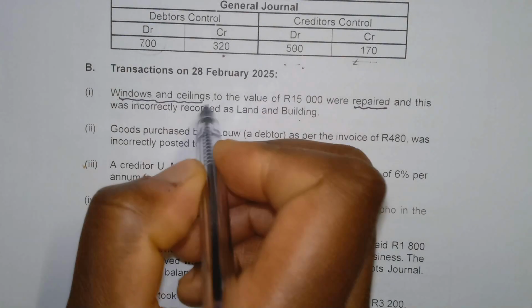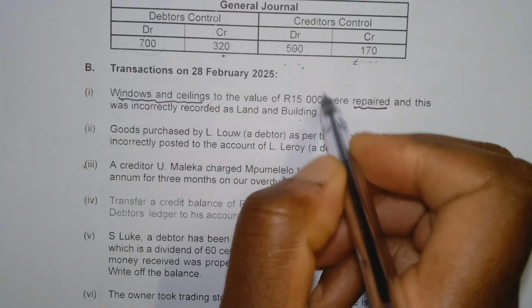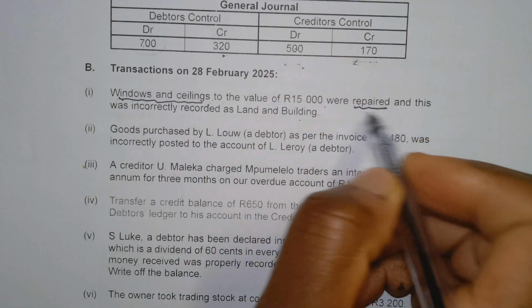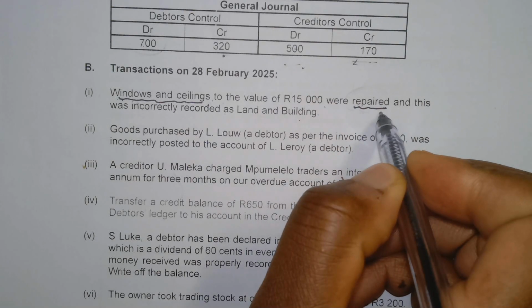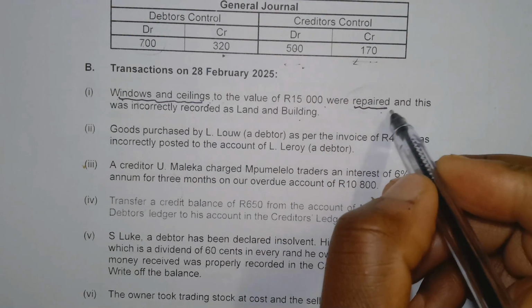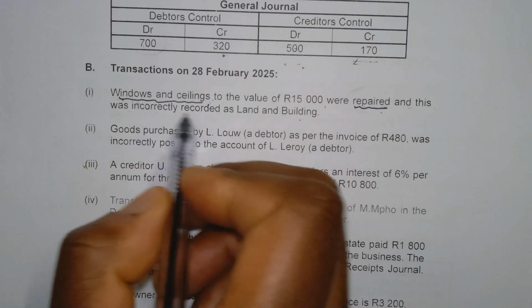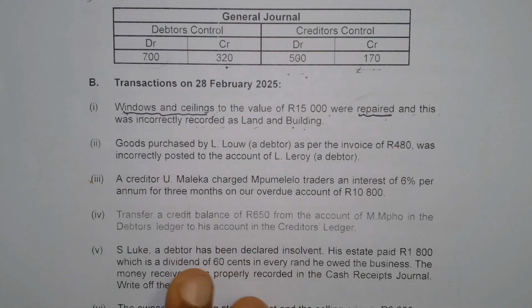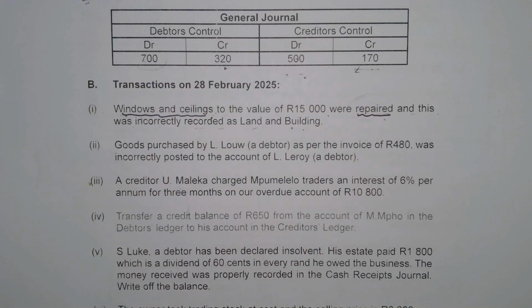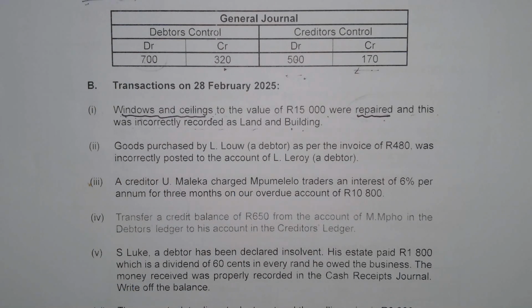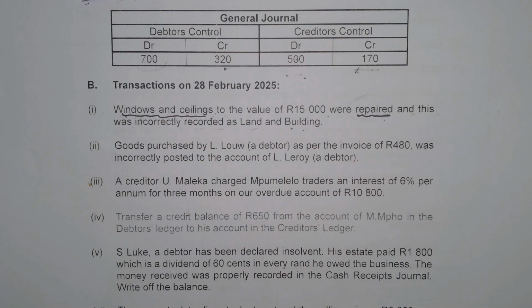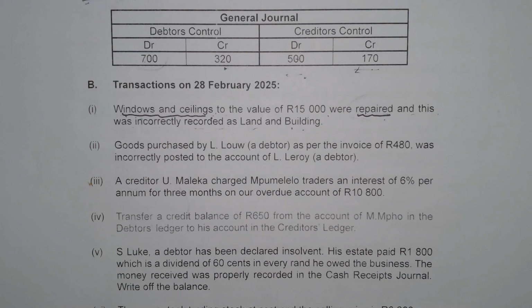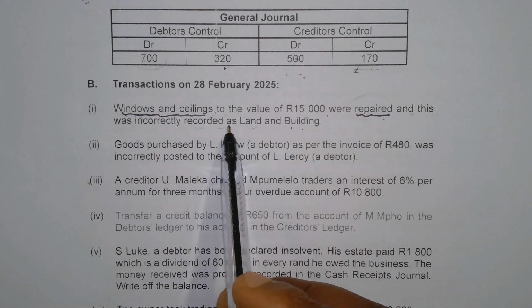So this is my expense. Remember, repairs is an expense, and this was incorrectly recorded as land and buildings. So why was it recorded under land and buildings? Maybe because the accountant or whoever was doing the books during the month put it under land and buildings. But we know that we cannot add that under land and buildings because it was an expense.